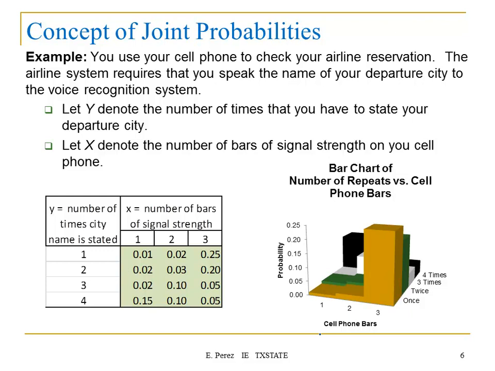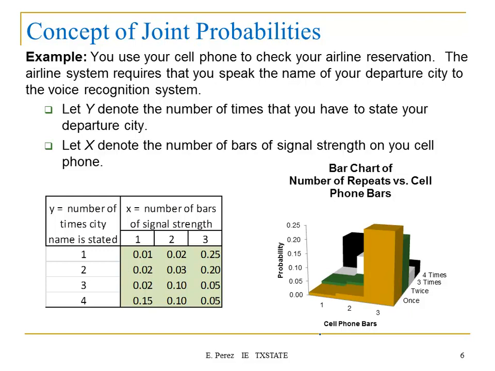But let's say you're looking at these types of systems, okay? Let Y denote the number of times that you have to state your departure city, and let X denote the number of bars of signal strength of your cell phone. So you know that the better reception, the better signal that you have in your cell phone, the better communication you will have with the system. Okay? So that's what we're trying to show here in this table.